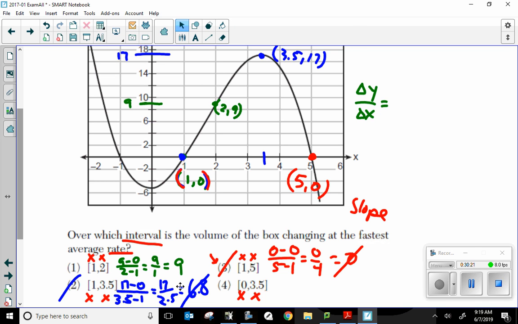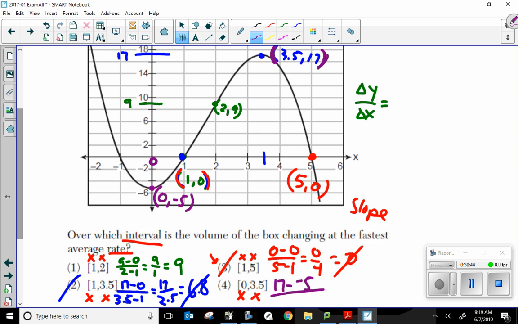And now, last but not least, we are going to go from 0 to 3.5. So we have our 3.5 right here. When x is 0, that goes 0, negative 5. So we're going to say 17 minus negative 5 all over 3.5 minus 0.